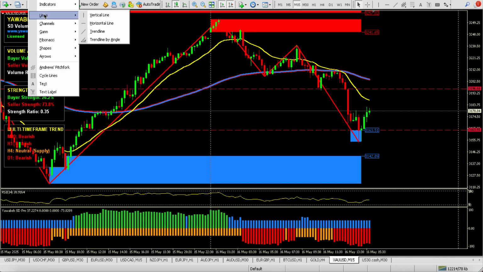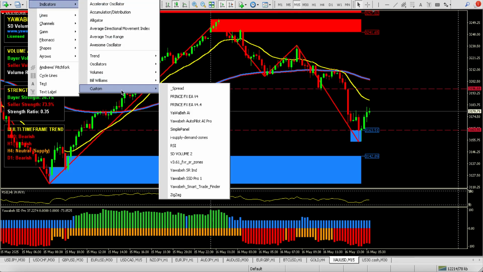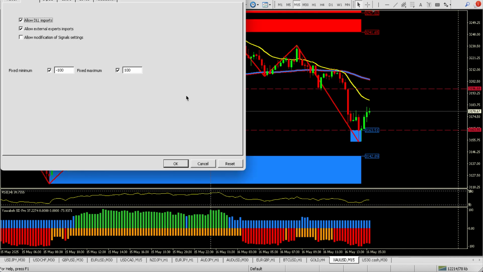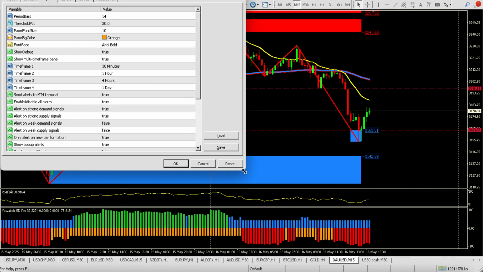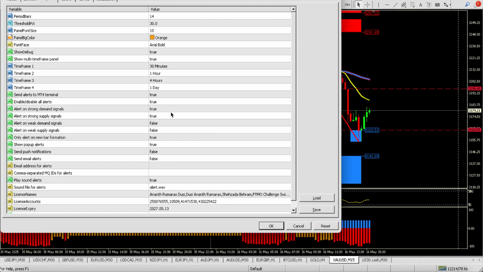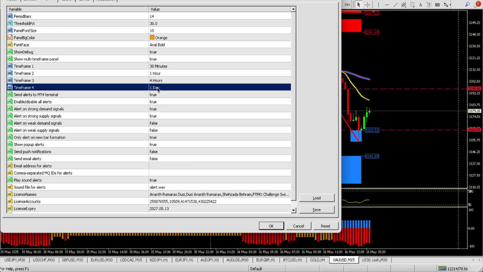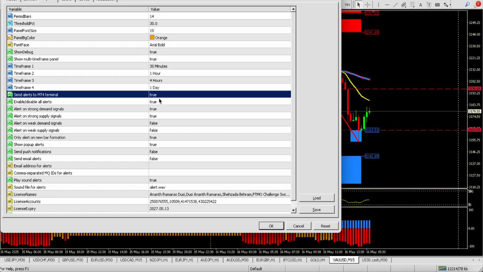These are the inputs where users do not need to make any changes at this level, because we have set all these values as default settings, and you shouldn't interrupt these settings while installing the system on your MT4 terminal.